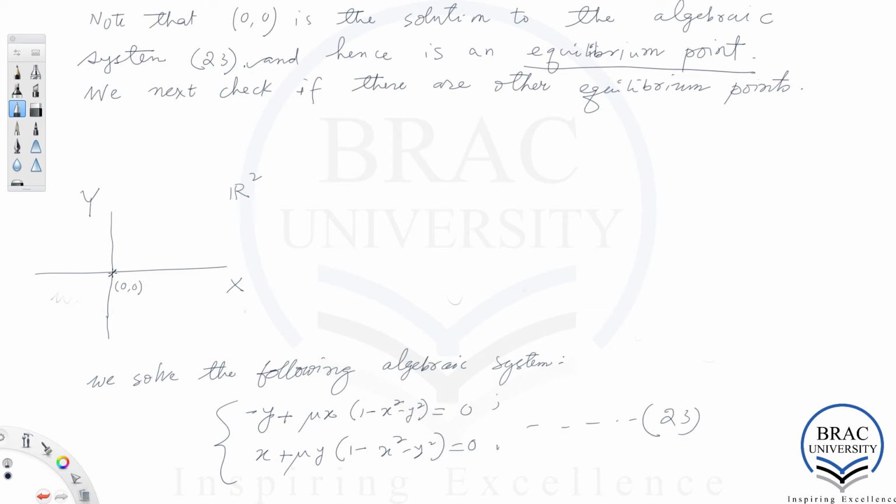We have just seen that (0, 0) is an equilibrium point. Now we will see if there is any other point except (0, 0) on the x-axis which is an equilibrium point of the system.